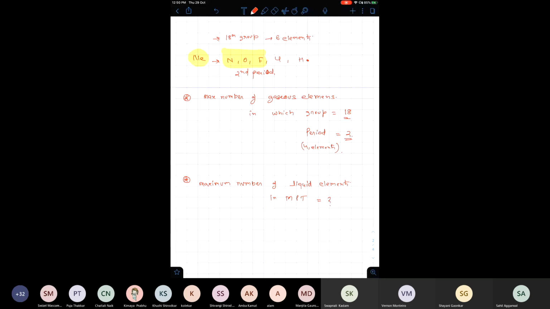It will be 6: cesium, francium, mercury, gallium, bromine, and copernicium.